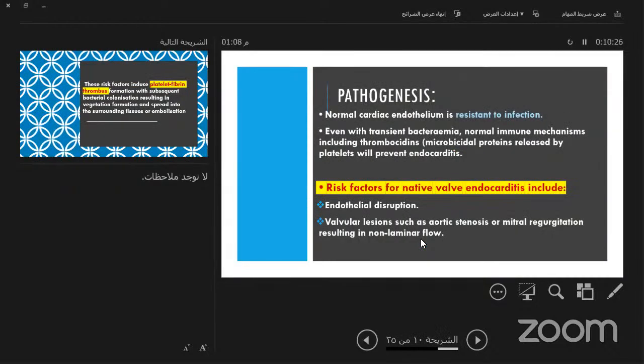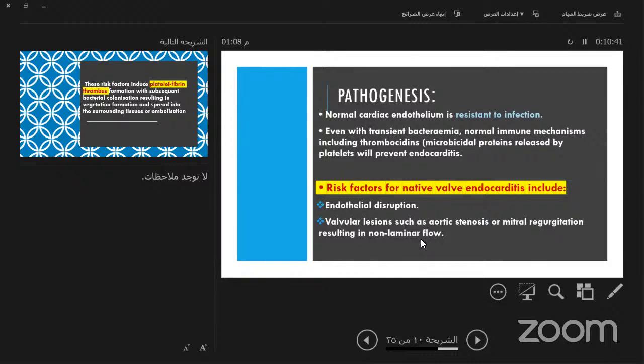Pathogenesis. Normal cardiac endothelium is resistant to infection. Even with transient bacteremia, normal immune mechanisms, including thrombocidin, a protein released by platelets, will prevent endocarditis.